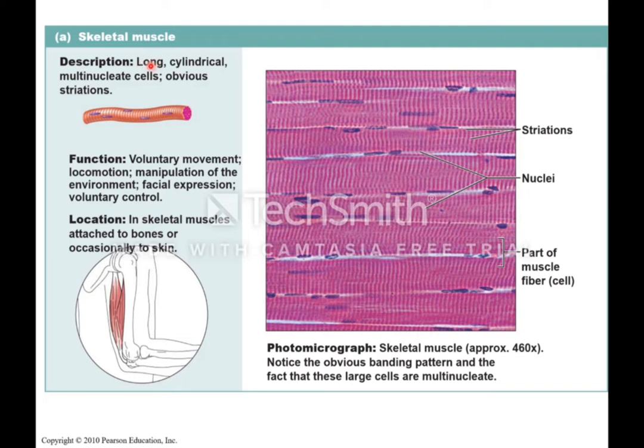This muscle tissue includes long, cylindrical, multinucleated cells, and its function is voluntary movement of the body, locomotion, movement of the eye, manipulation of the environment, and facial expression and voluntary control. It is located in the skeletal muscles that attach to the bone, or some of them such as facial expression muscles occasionally attached to the skin.